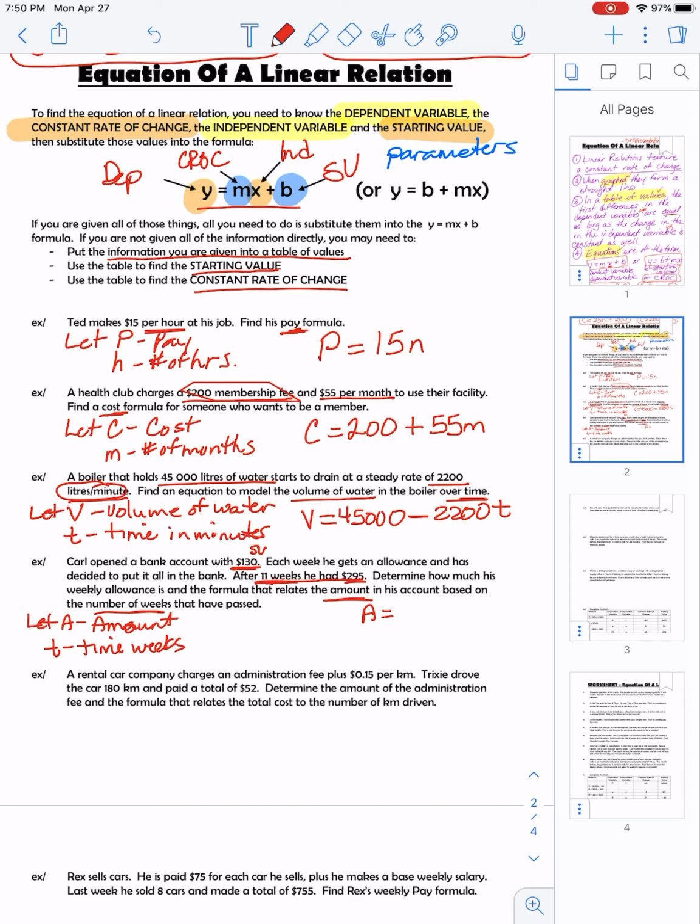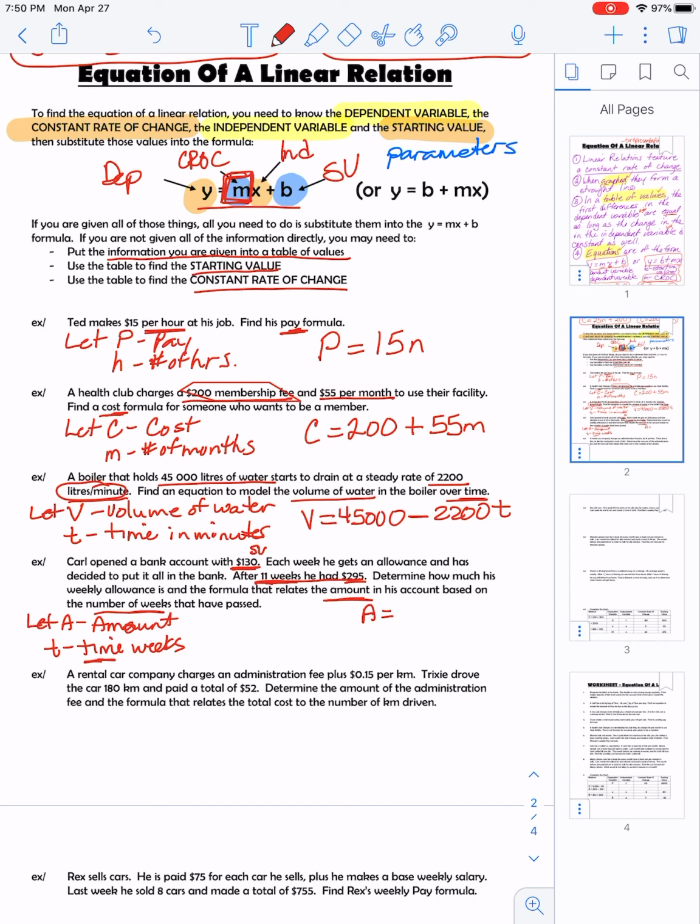And that constant rate of change, the M, has to be what's happening every time one of your independent variable goes by. Not every time 11 of them goes by, but every time one of them goes by.